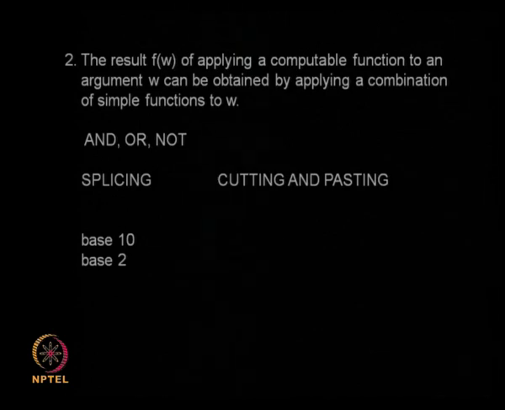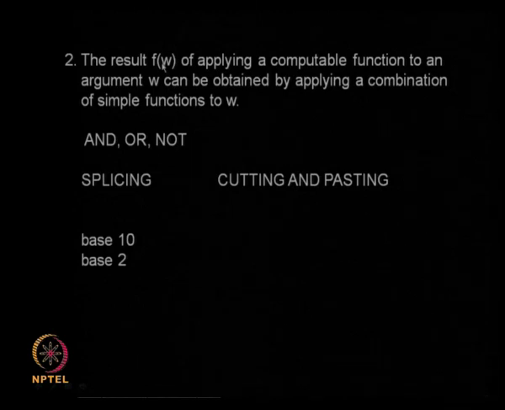DNA evolve, and the basic operations are cutting and splicing, cutting and pasting, etc. In mathematics, you can look at the function computed. Anything should be computed. You can look at it as a function f computing something. w is the input and f(w) is the output.